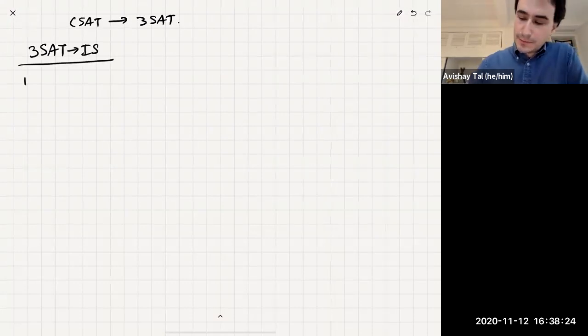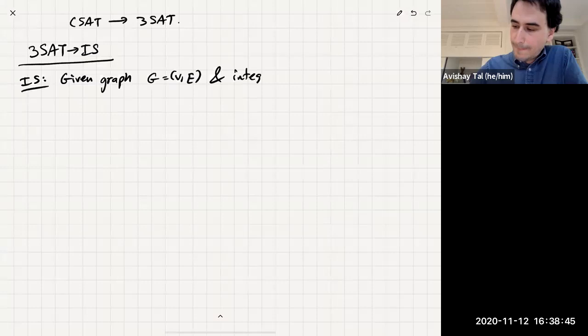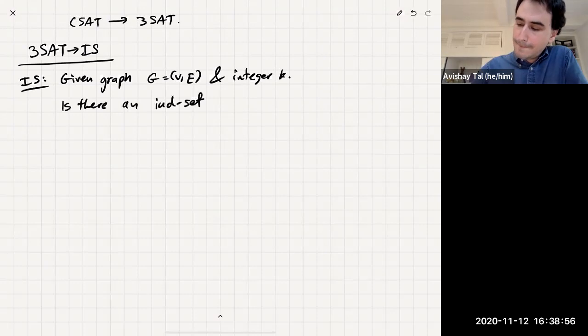What is independent set? So you are given a graph G and an integer k, you need to decide, is there an independent set of size k in G?